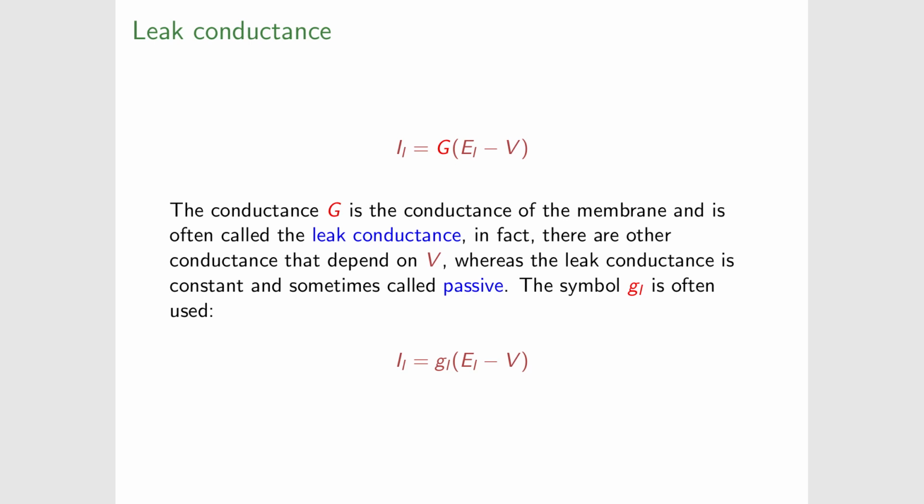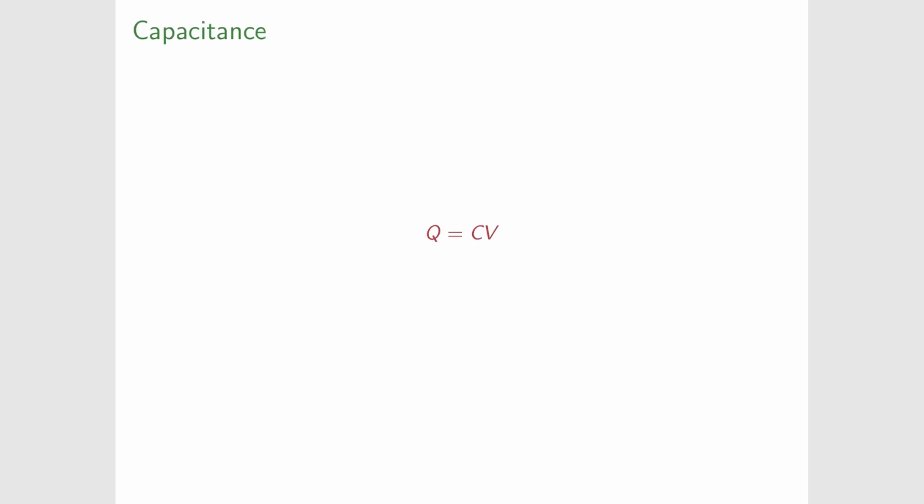The main thing is it's the leak of charge in and out of the cell, and it's given by some constant, by EL minus V, where EL is the leak reversal potential. And rather than using a big G for this specific conductance, we often use the symbol G sub L, where again the L is standing for leak.